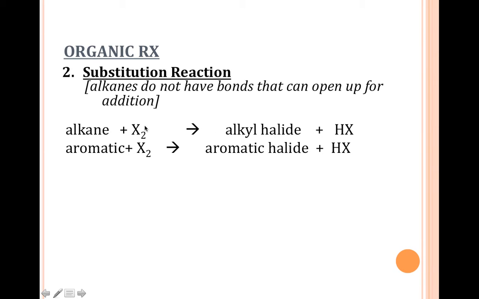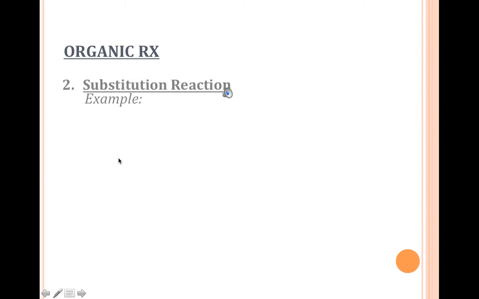And so what happens is, let's say this was Cl2. The molecule of chlorine comes in, and one of the chlorine atoms ends up on the carbon chain, and it replaces a hydrogen that pairs up with the other chlorine. So we could have a carbon chain with chlorine here, and then HCl is carried away. And the exact same thing applies if we're reacting with an aromatic compound containing benzene.